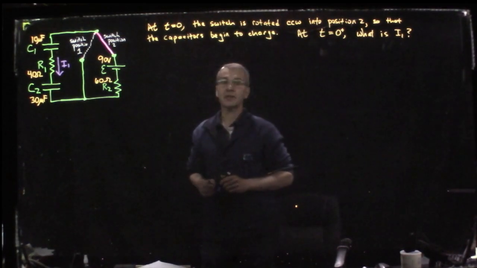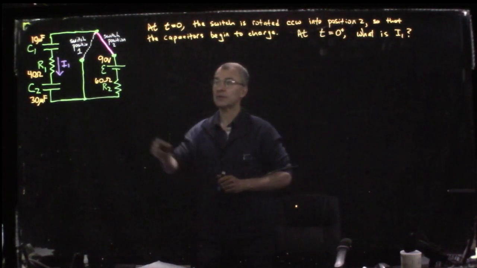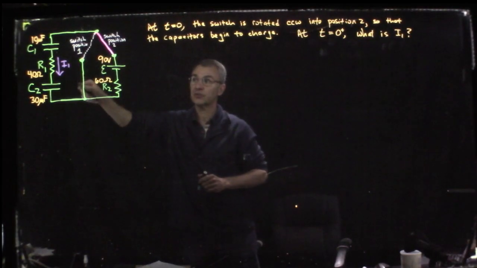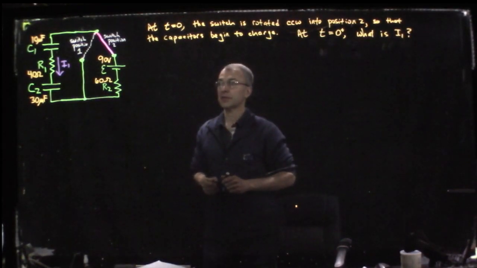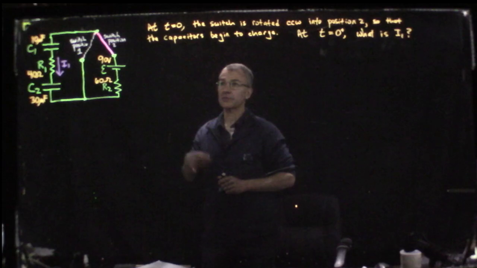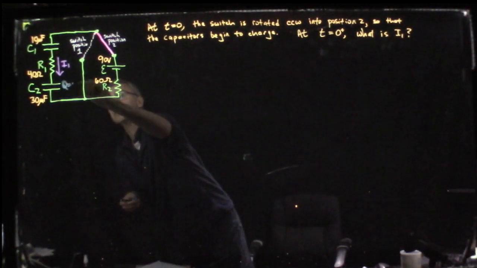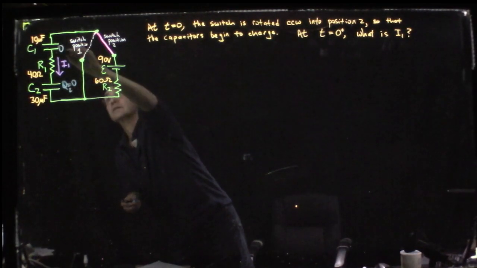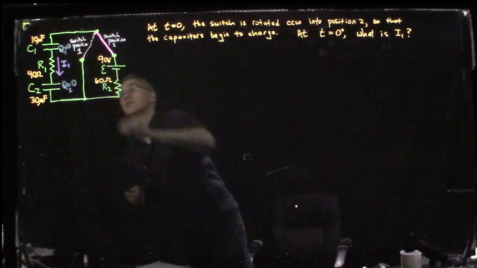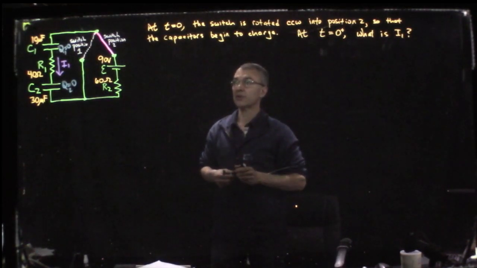Because we started out with the capacitors uncharged, and we have resistance limiting the rate at which current can flow, it takes some time for charge to accumulate on each capacitor. So since Q equals 0 on this capacitor and on the other capacitor, before t equals 0, they started out discharged.